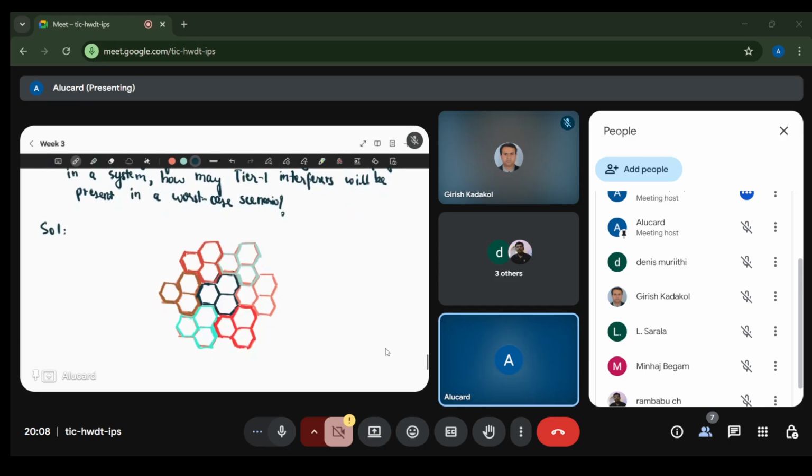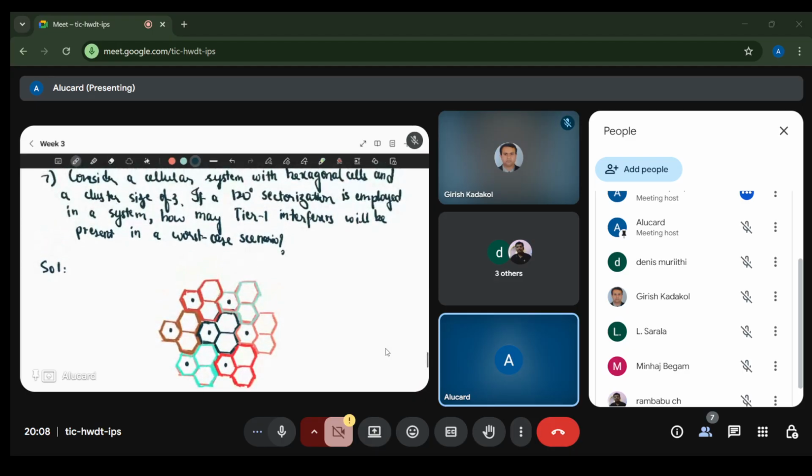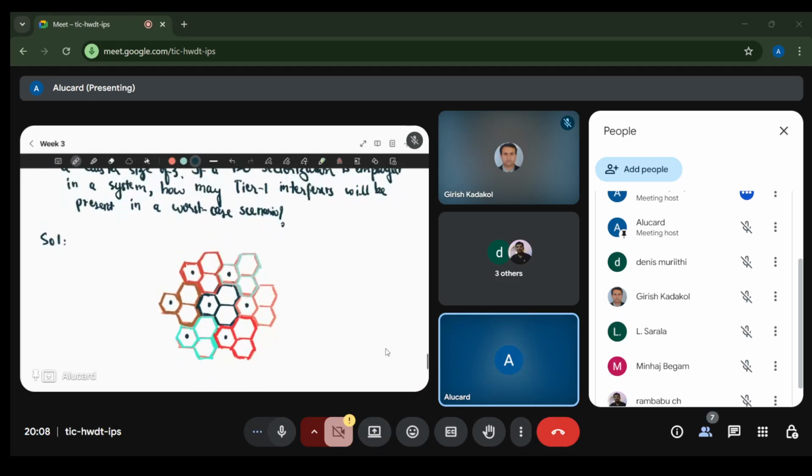Now, suppose you consider, again, I'll assume that the base stations are in the center of the cell, and we'll do 120-degree sectorization.